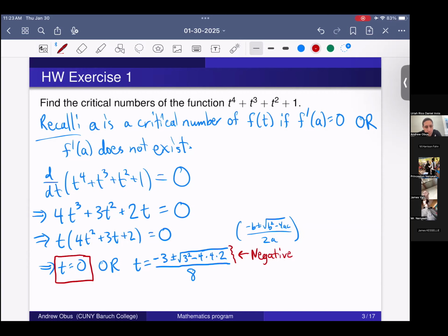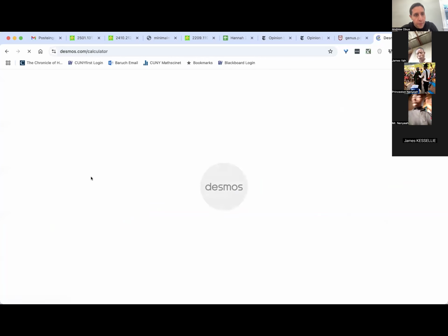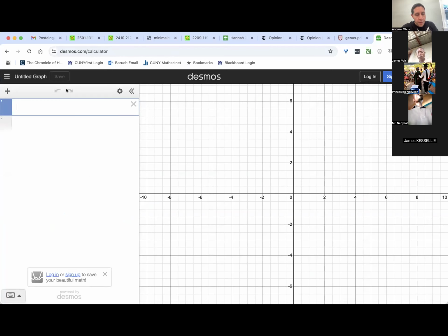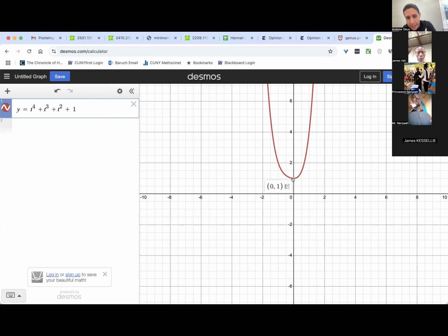So on desmos.com, I draw y equals t to the fourth plus t cubed plus t squared plus 1. What do you see here? You have a critical point right here at t equals 0. This is going to be a local minimum, right?